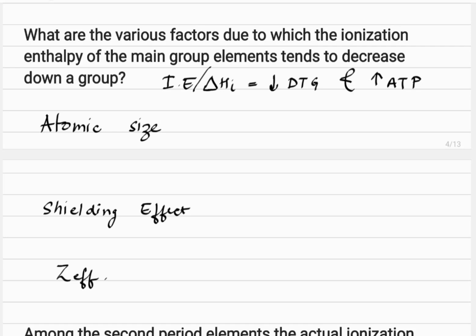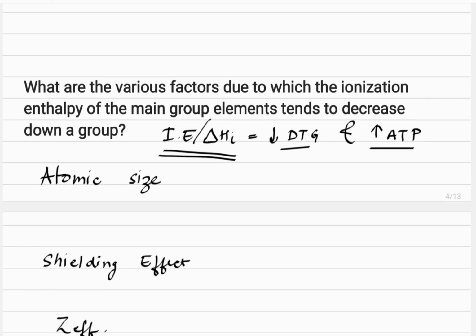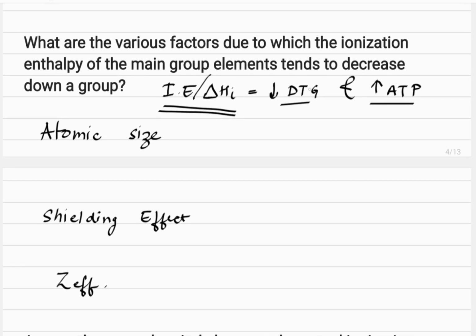Now, the trend that is observed is that ionization enthalpy decreases down a group and increases along the period. In this question, we are asked to only explain why it decreases down the group.